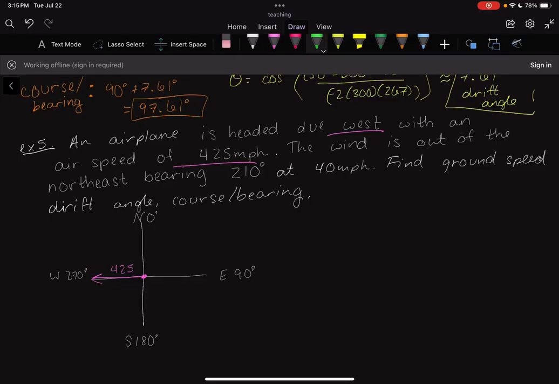Now the wind is out of the northeast bearing 210. If we actually just draw where 210 would be like right here.